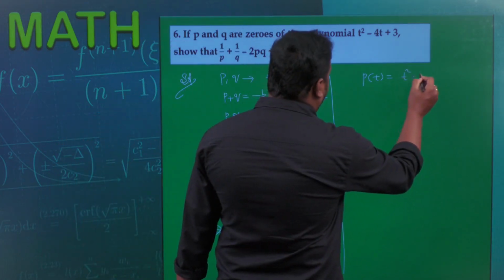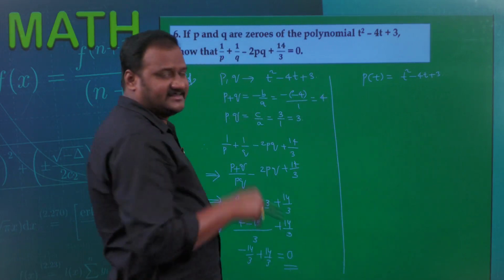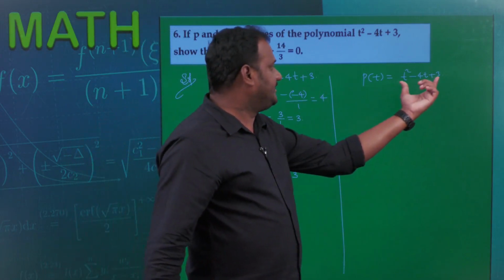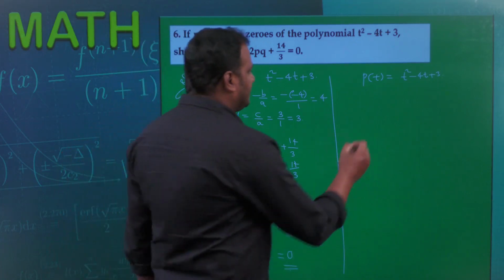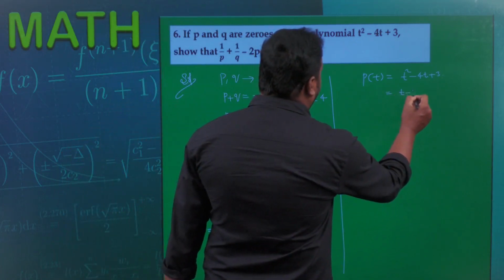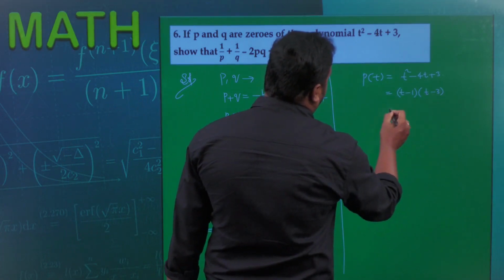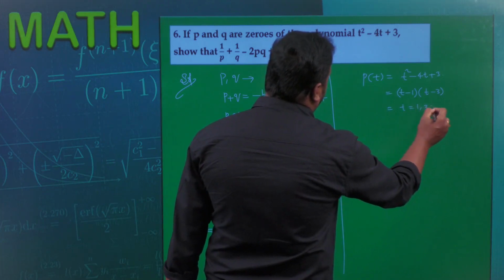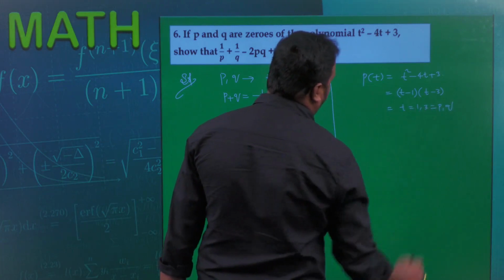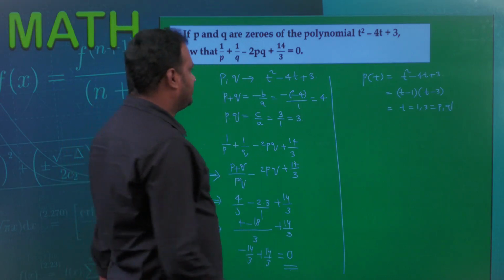Here we can factorize this because 3 into 1 equal to 3, 3 plus 1 is equal to 4. Right? So you can write this one as t minus 1 into t minus 3. So t minus 1 into t minus 3 means the values of t are 1 comma 3. They are zeros which are p comma q. So p is equal to 1, q is equal to 3. You can substitute them easily.